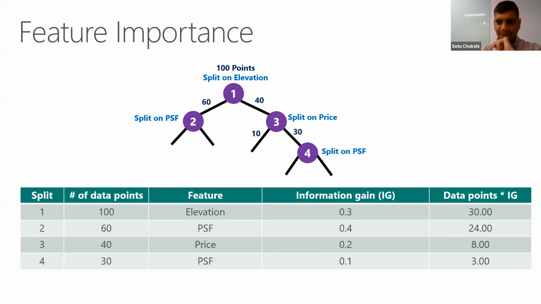Okay. So basically, I'm using that information gain and how much data gets split. That gives more weightage to a particular feature. So that's how you weigh certain data points more, certain data points less. So this shows you the attribute and what feature is important for that decision tree.